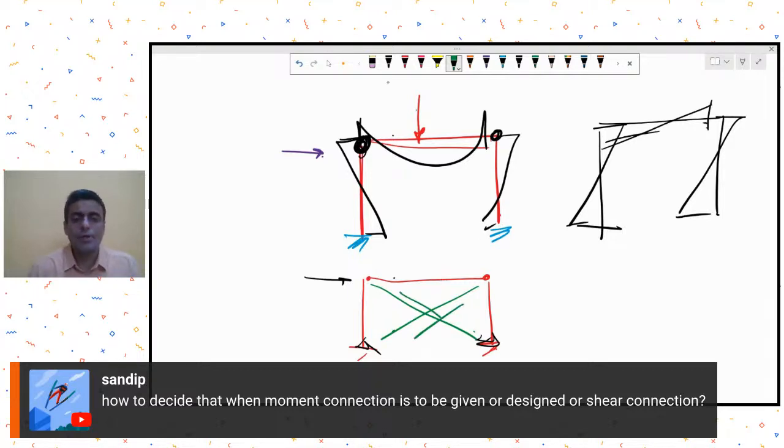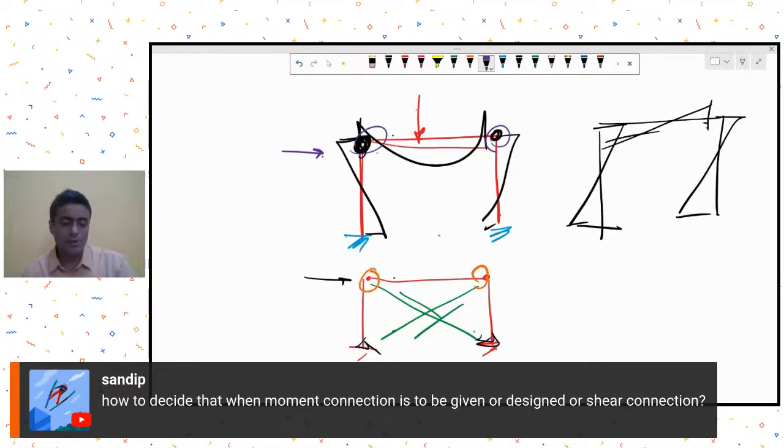So what I mean to tell you is that the choice whether to go for shear connection or moment connection or a rigid connection will depend on the choice of structural system and the type of loads that you want to counteract and counterbalance. All those things will be deciding factors in choosing the type of connection.